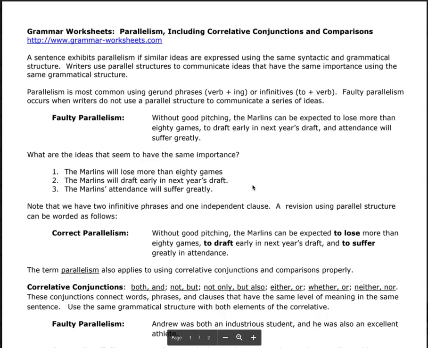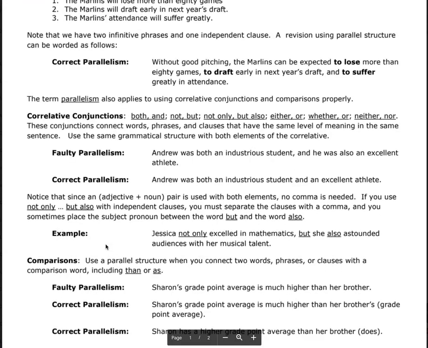The first two are parallel because they use an infinitive. So to lose and to draft. To make this parallel, the last idea also has to have the infinitive form of the verb structure. So they change this down here where it says correct parallelism.